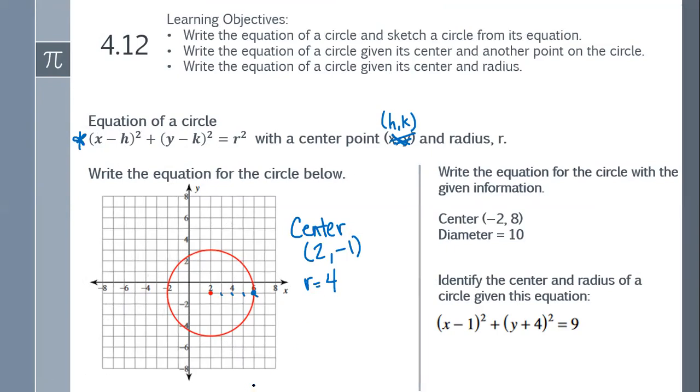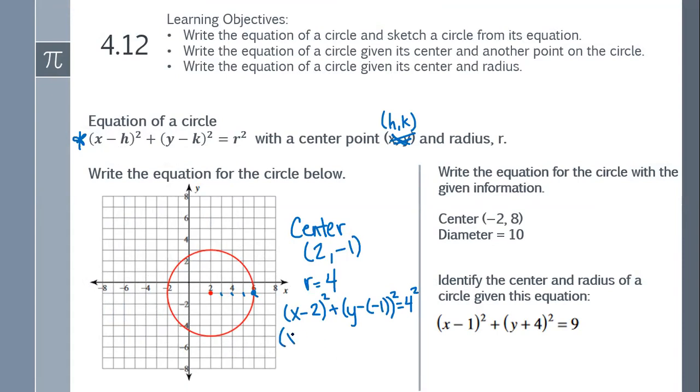And so I just plug this into the equation. x minus 2 squared plus y minus negative 1 squared equals 4 squared.